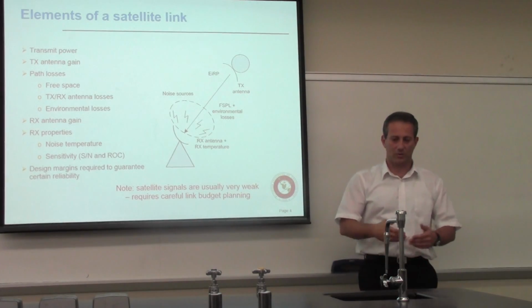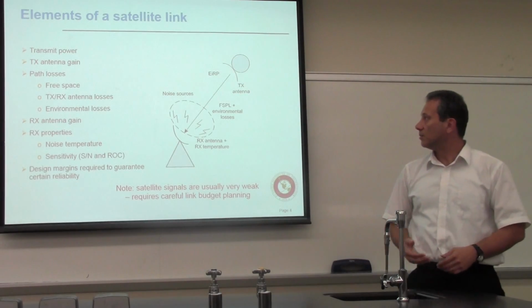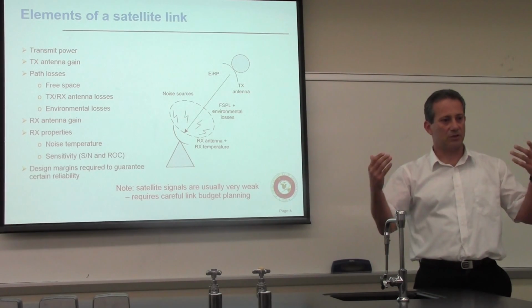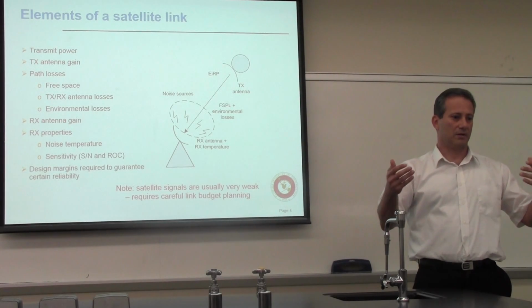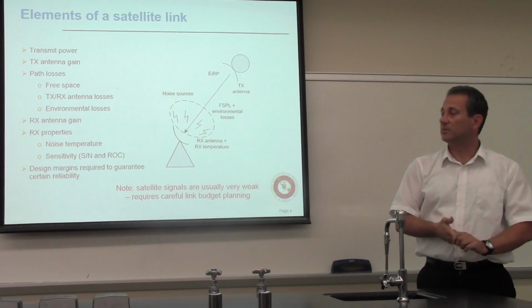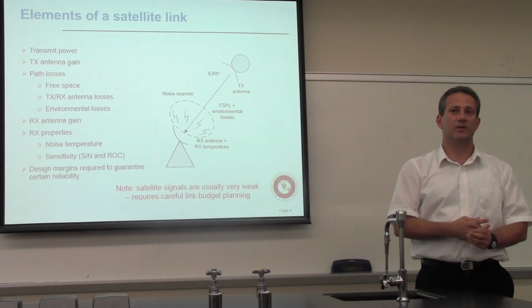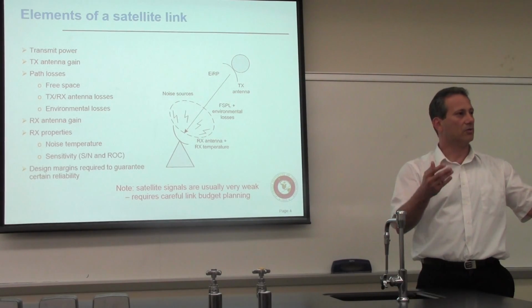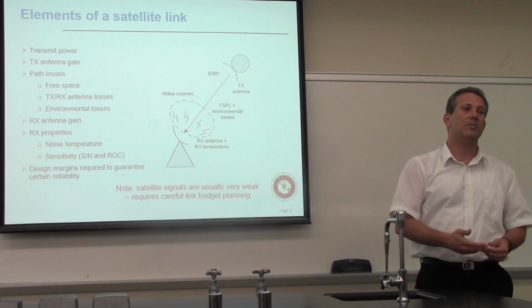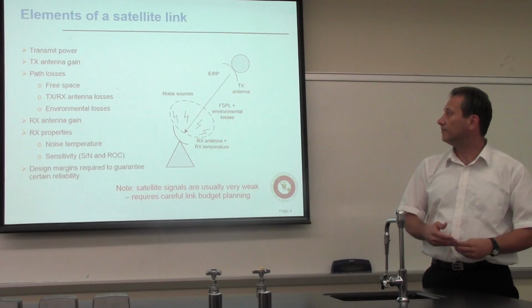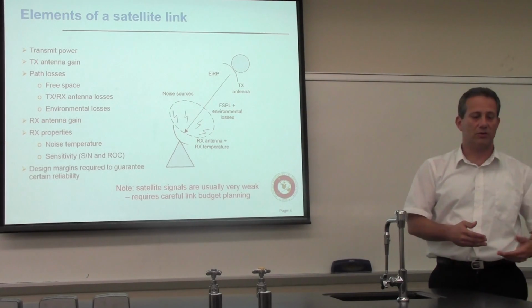In one of the lectures, we're going to talk about them specifically, but it's easy to understand that if the signal is propagating through something that is not free space, depending on the signal frequency, you will exhibit additional impairments beyond the free space. In particular, if you're at a relatively high frequency and you go through rain, it will have an impact, and you will have additional losses that you need to overcome.